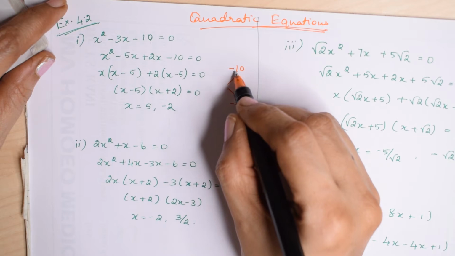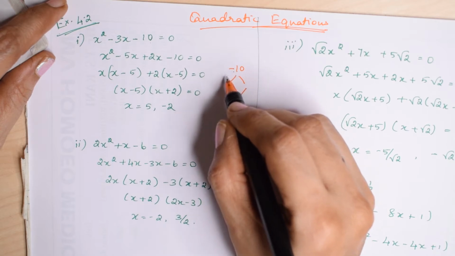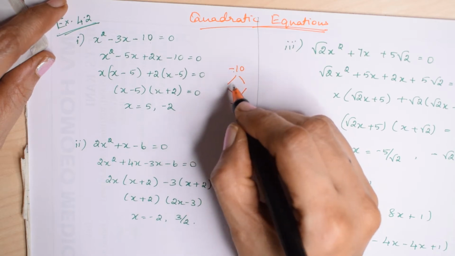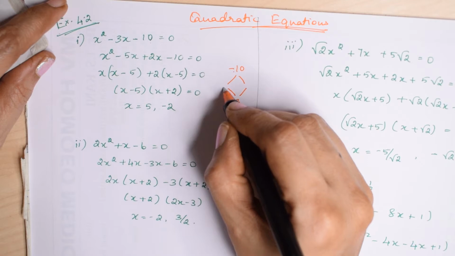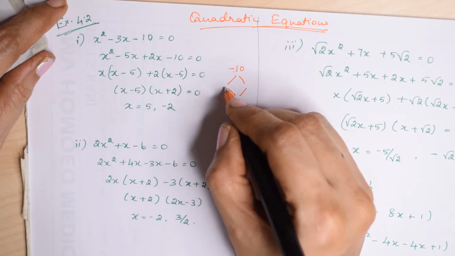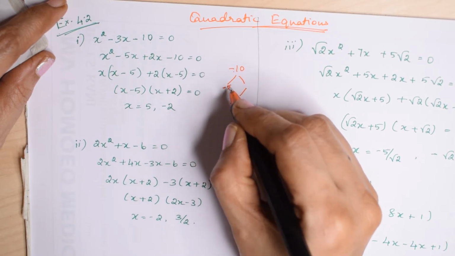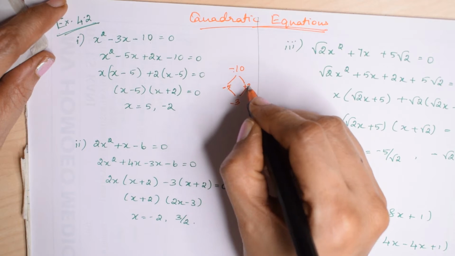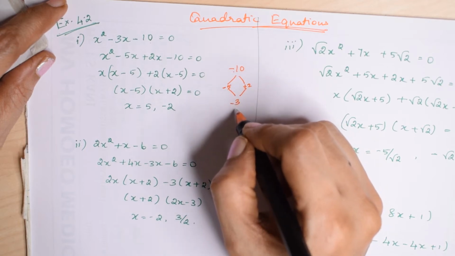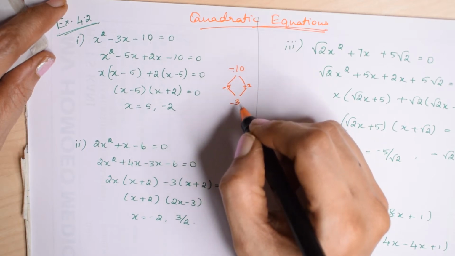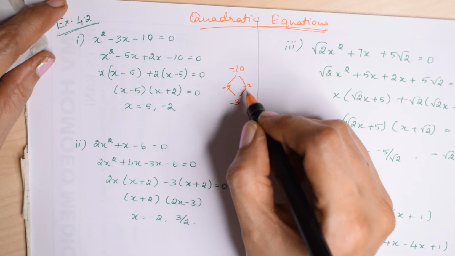So minus 10, what does it mean? One number is a positive number, the other number is a negative number. And 5 into 2. When I consider 5 into 2, this becomes minus 5 and plus 2. Only then when I add, it adds to minus 3, right? So minus 5 and plus 2.